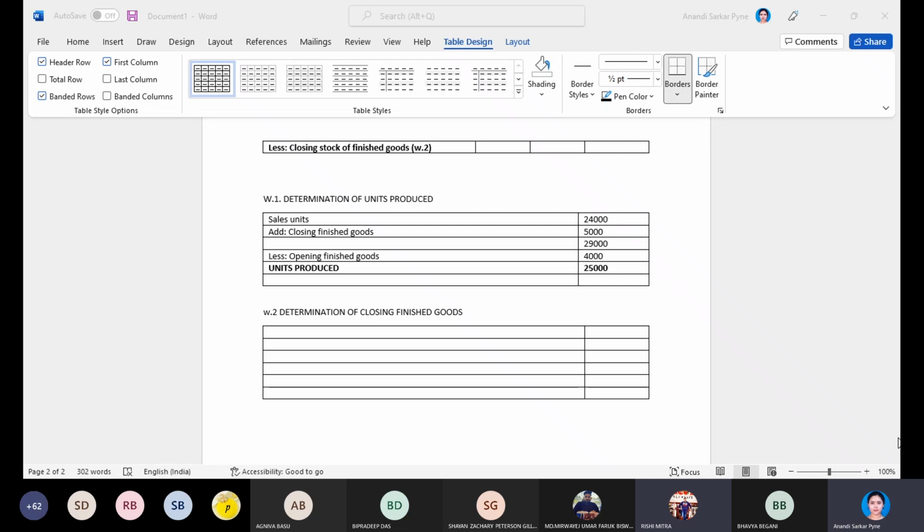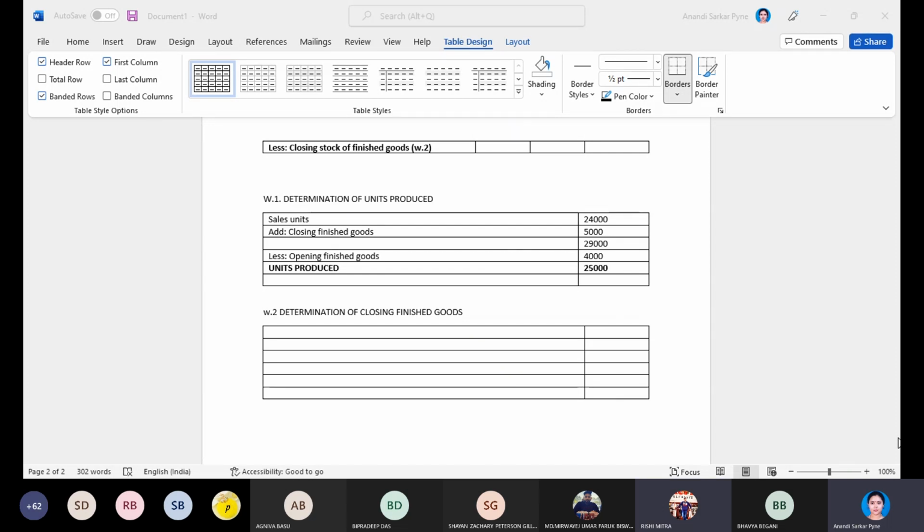LIFO or FIFO is quite irrelevant over here. If it's FIFO, you will mention issue of 24,000 under FIFO, because we are not exactly seeing what is the last in stock or what is the first in stock. So we will completely integrate that 24,000 units and deduct it from 25,000. So what is left out? Closing stock left out is 1,000.